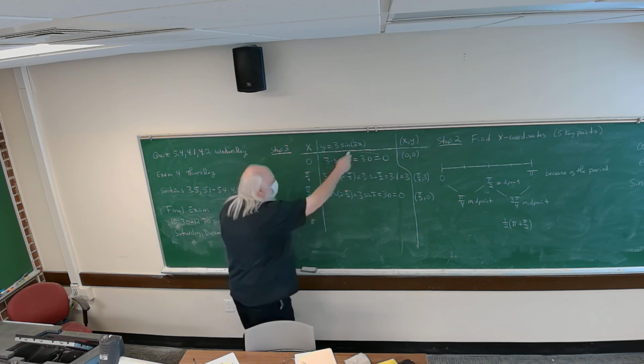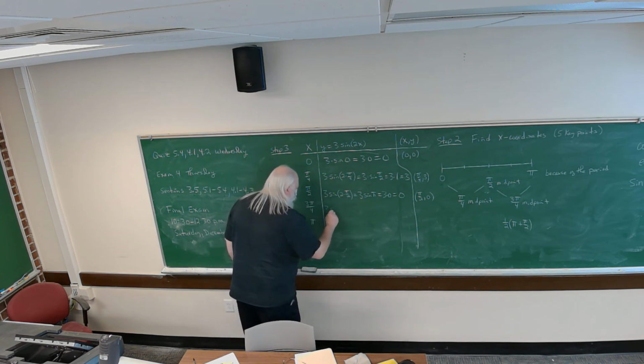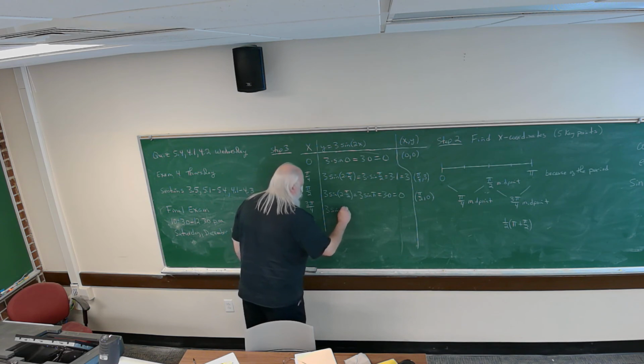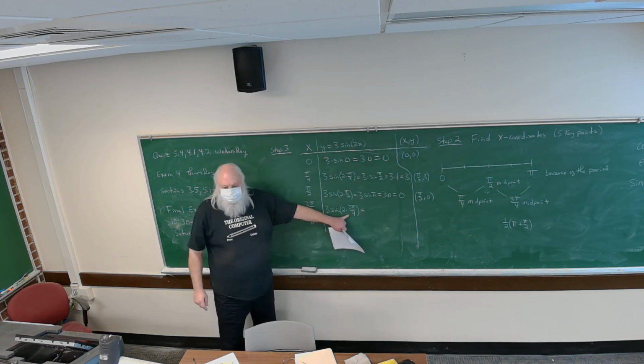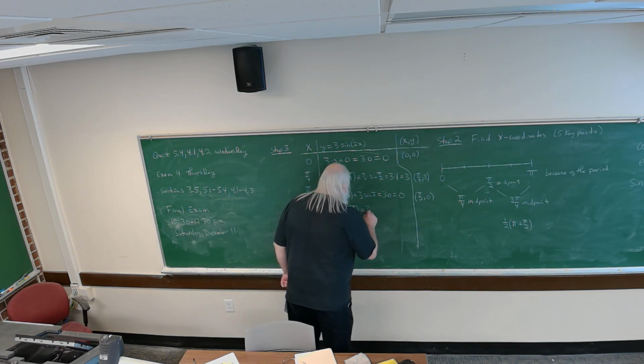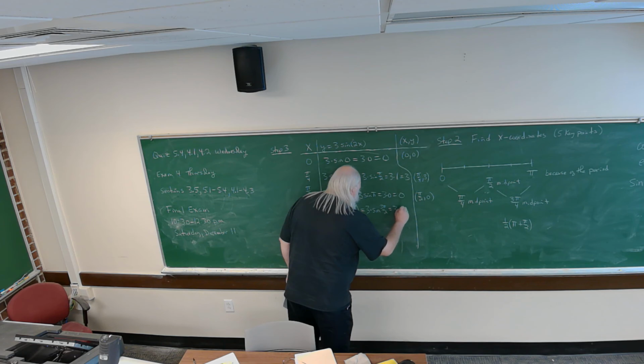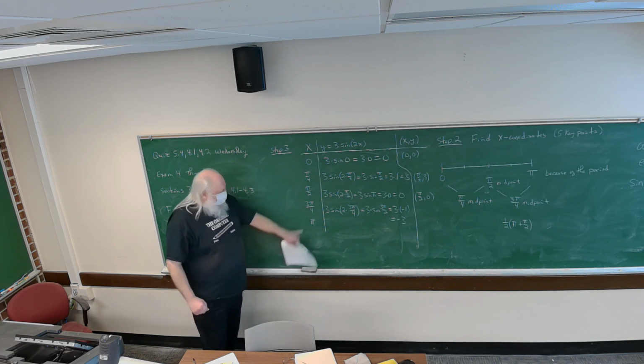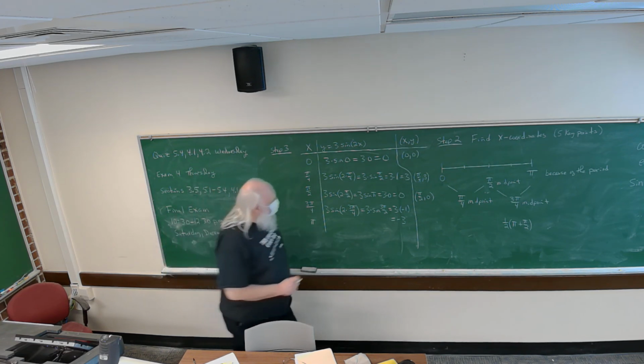And then when we put in 3 pi over 4 for x, it's 3 times the sine of 2 times 3 pi over 4. 2 times 3 pi over 4 is 3 pi over 2. The sine of 3 pi over 2 is equal to negative 1. So the fourth ordered pair is 3 pi over 4, negative 3.